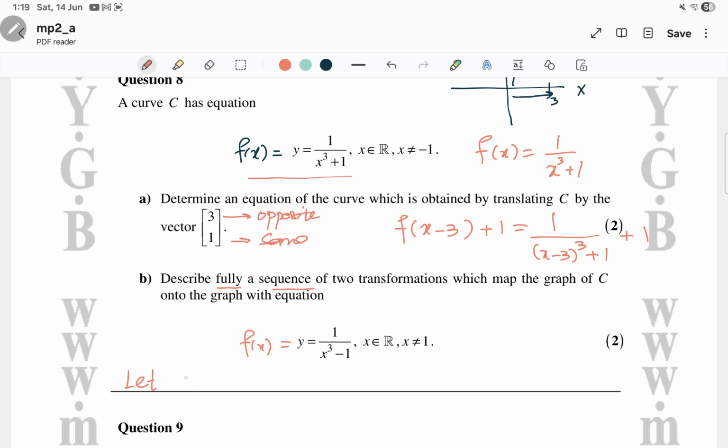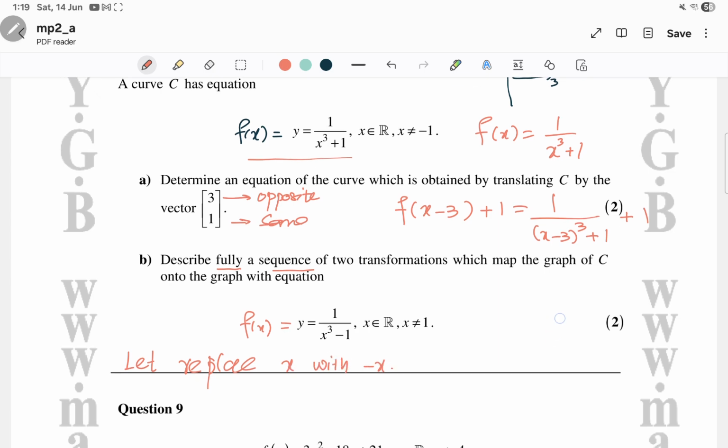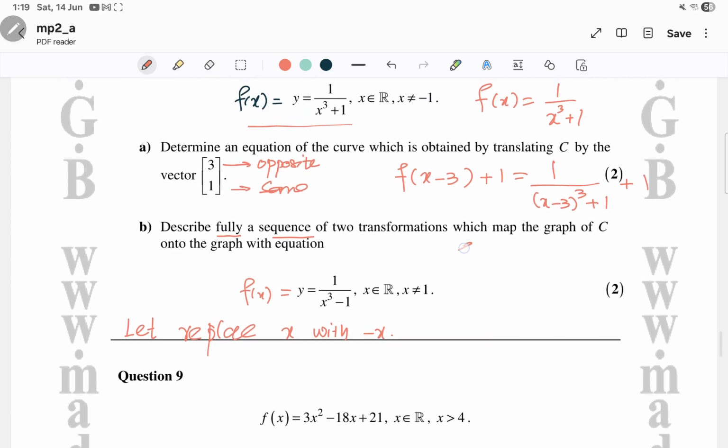Let's replace x with minus x, so the function will be f of minus x, which is 1 over minus x whole cubed minus 1.